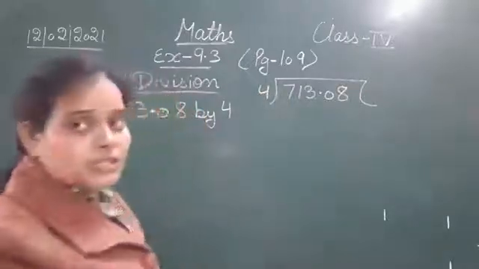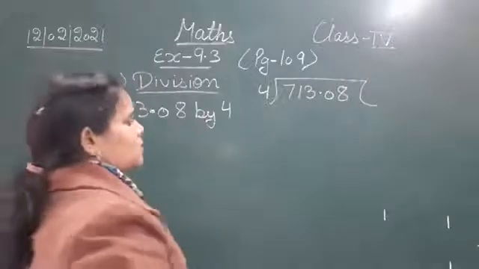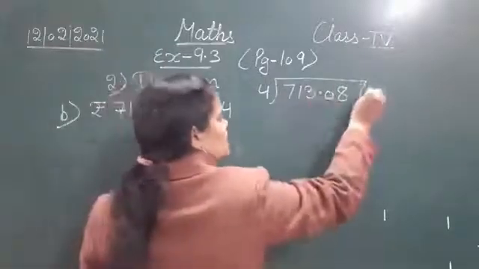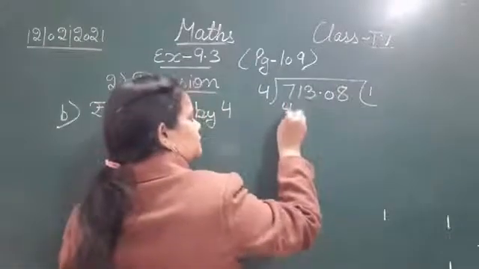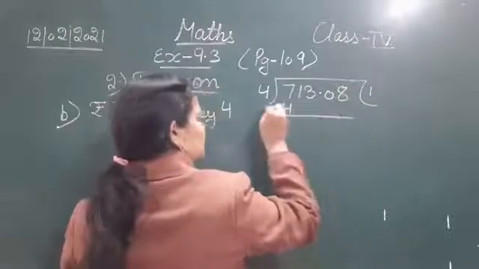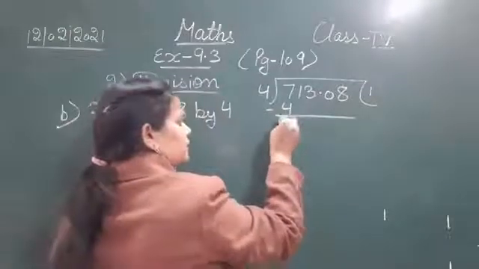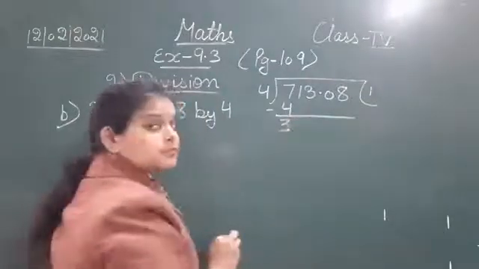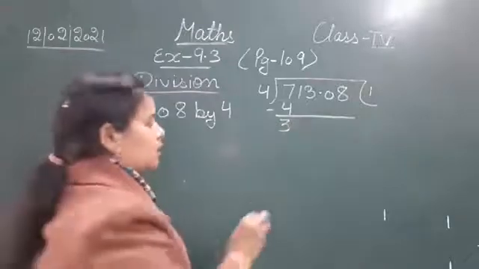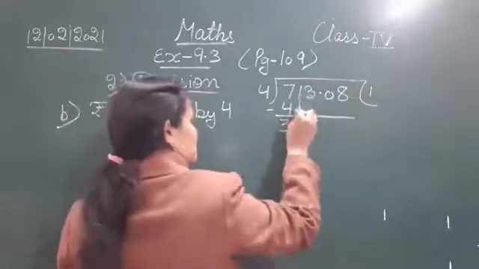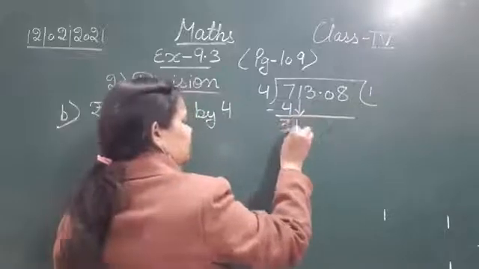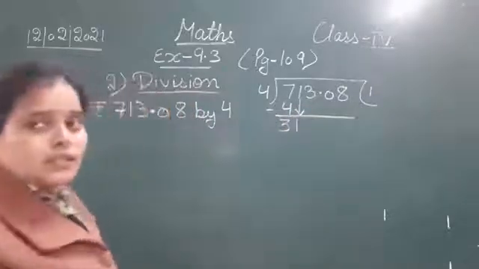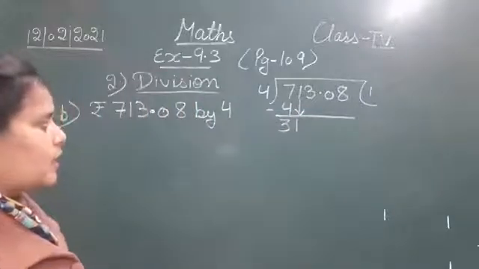Okay, so 4 ones are 4, 7 minus 4 is 3. Now bring down the next digit, that is 1, that will become 31.